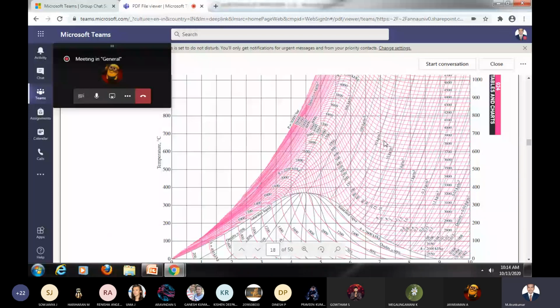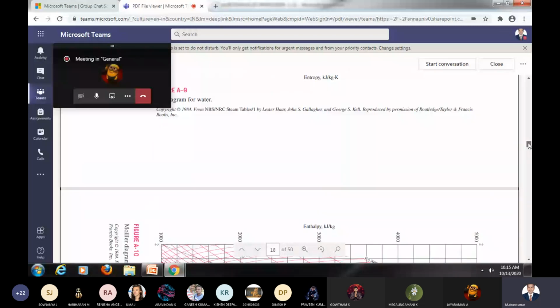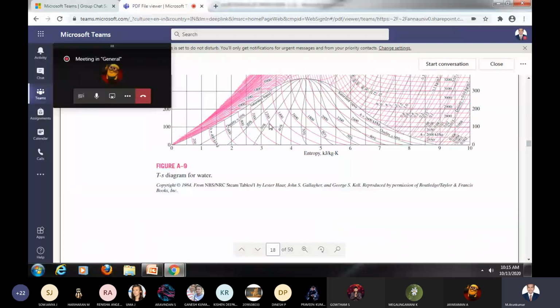Yes, these are pressure lines. Then we have X values also: this is 30%, this is 20%, this is 10%, 40%, 50%, 60%, 70%, 80%, 90%, and 100%. Right. So this is your TS diagram for water.